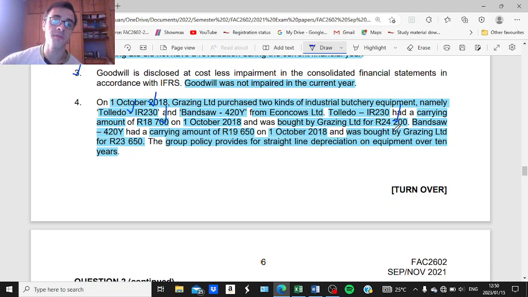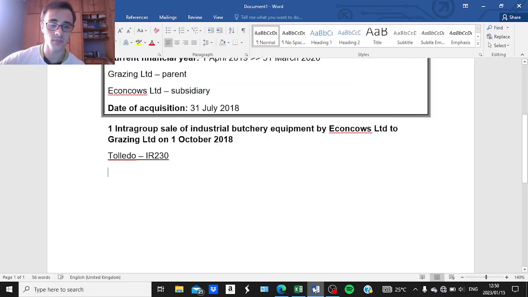And we know that this profit has not been realized outside the group, because it was gained on an intergroup transaction, so a transaction between two companies in the same group. So because of that, we need to eliminate the unrealized profit for consolidation purposes.